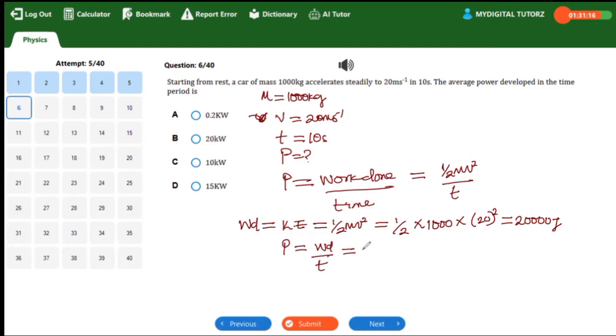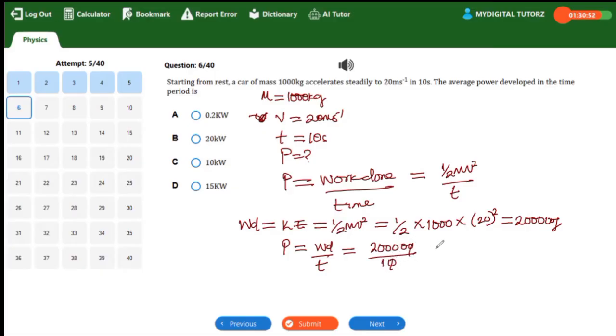That will give us 200,000. So here I'm going to have 200,000 all over time, which is 10.